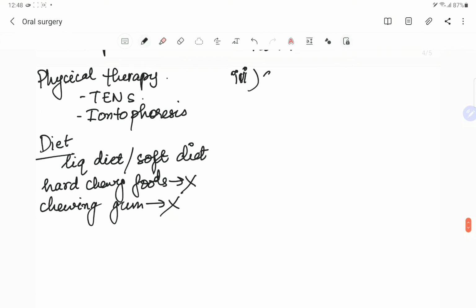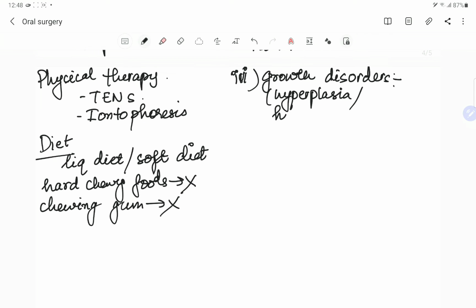Then the growth disorder, that means the temporomandibular joint can be affected due to hyperplasia or hypoplasia. So, there can be hyperplasia of the condyle, or there can be hypoplasia of the condyle, or dysplasia in that matter, or there can be neoplastic disorders also.